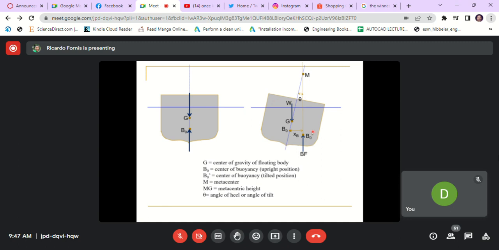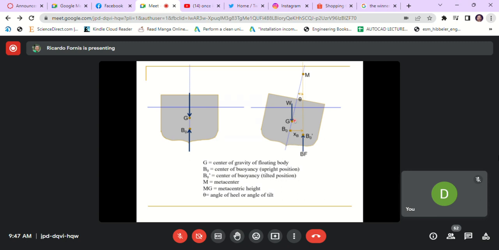The center of buoyancy will shift to another location, but the center of gravity remains the same because the cargos are in place and not moving. If the cargos were moving, then the G would also change.